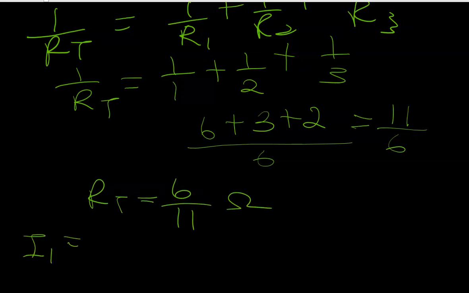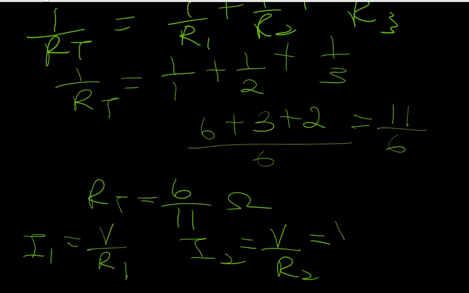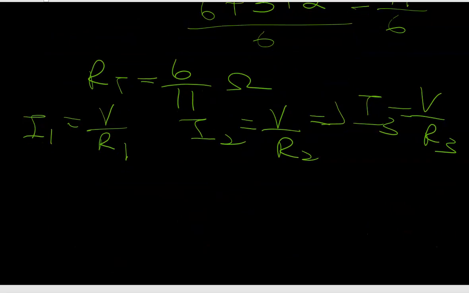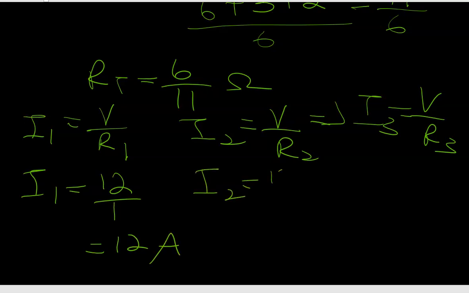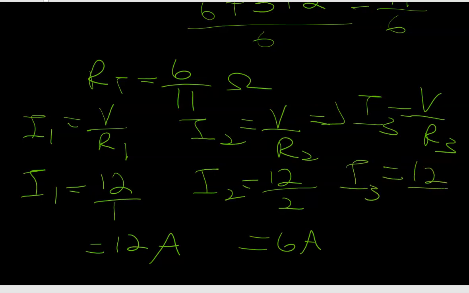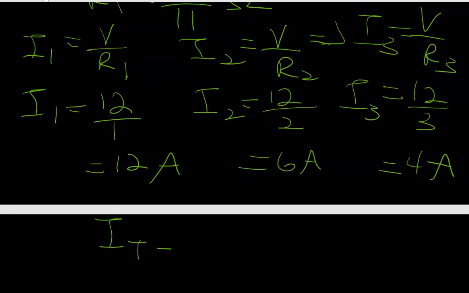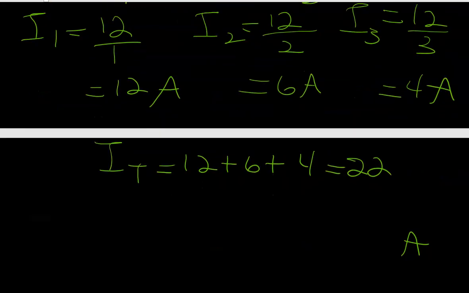I1 is V over R1, I2 is V over R2, and I3 is V over R3. So I1 is 12 over 1, which is 12 amps. I2 is 12 over 2, which is 6 amps. And I3 is 12 over 3, which is 4 amps. When you add it up, the total current is 12 plus 6 plus 4, which is 22 amps.